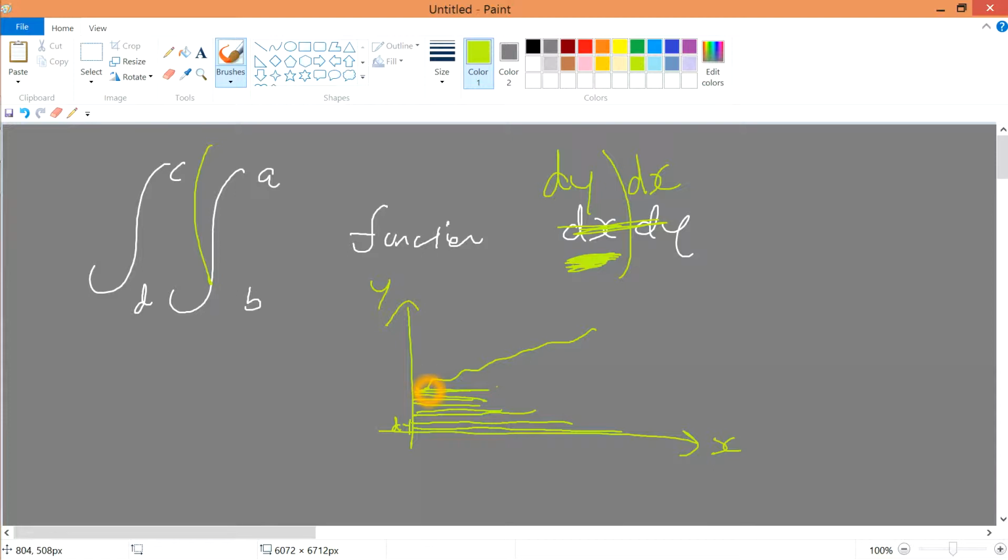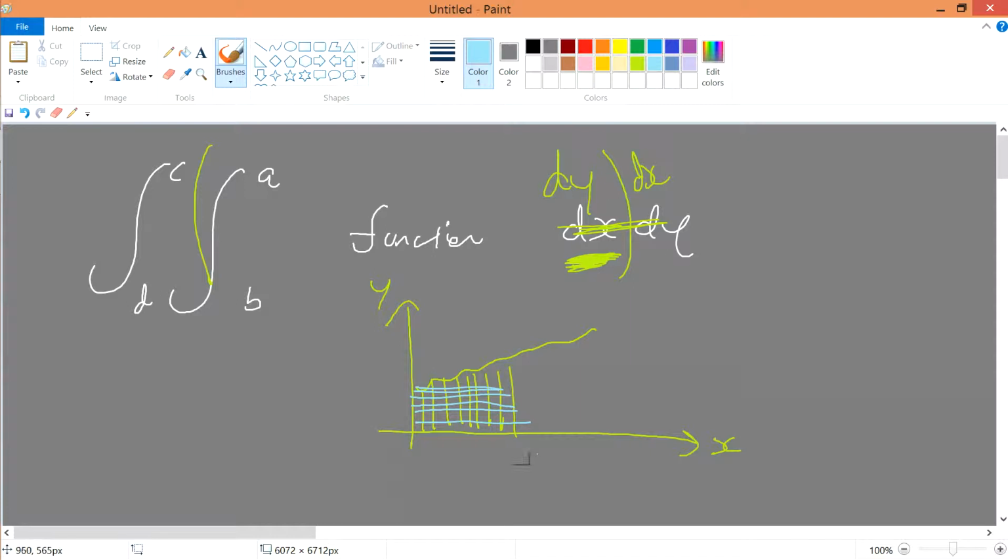As you can see, the different x points are always the same, which is fine for this. But in this case, if you're integrating dx, you're integrating this form. If you're integrating in terms of dy, you're integrating this form, going in this direction.